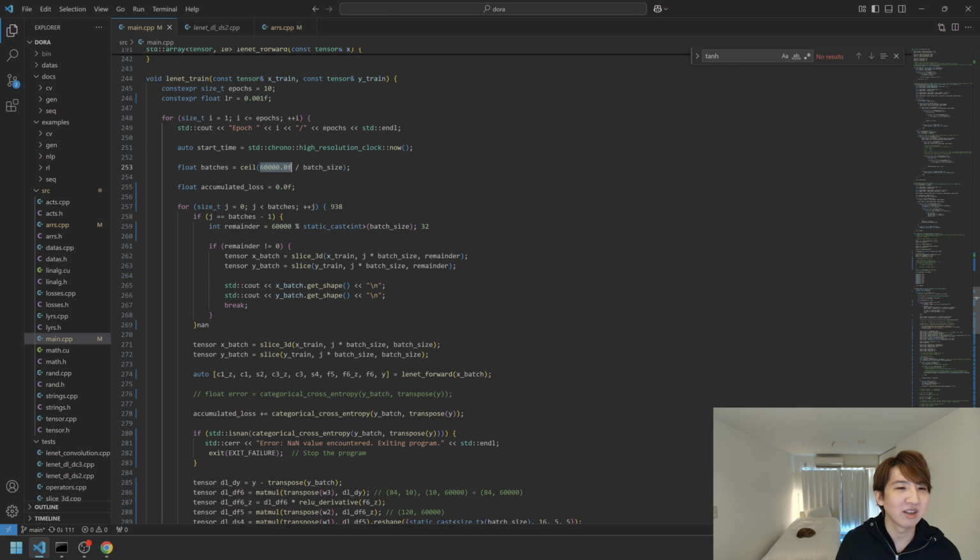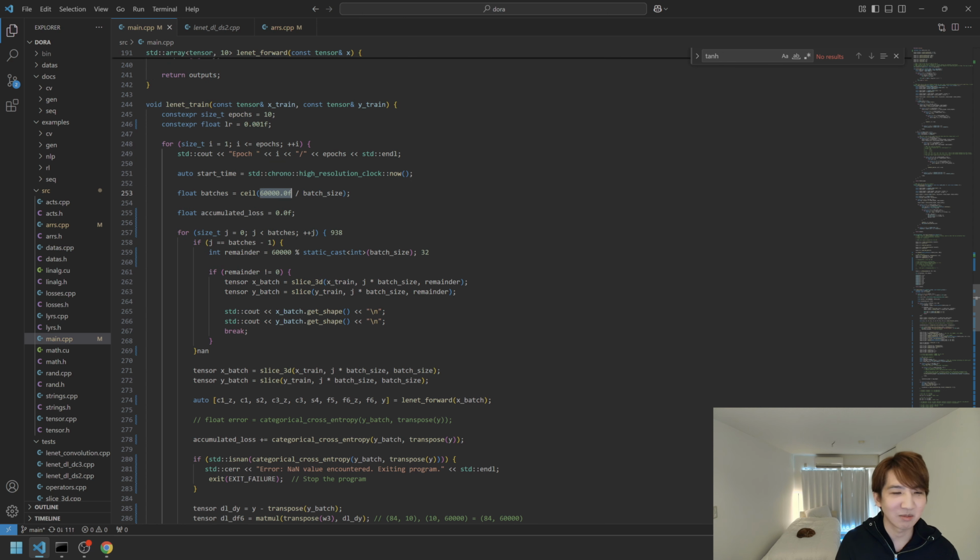The size of the MNIST dataset is 60,000, and I was training my model using a batch size of 60,000, which is absurd.